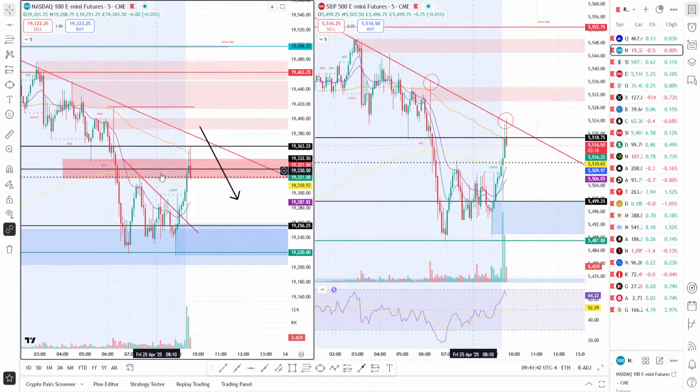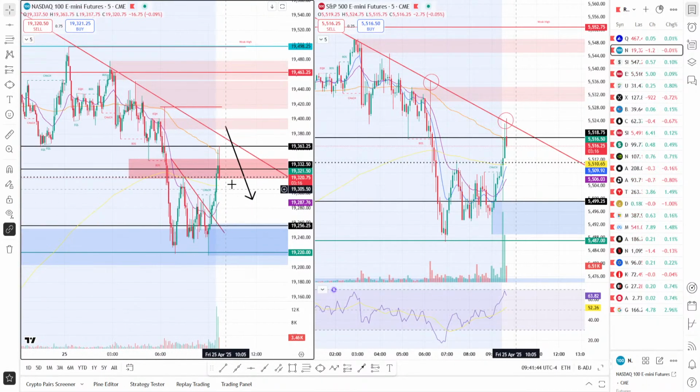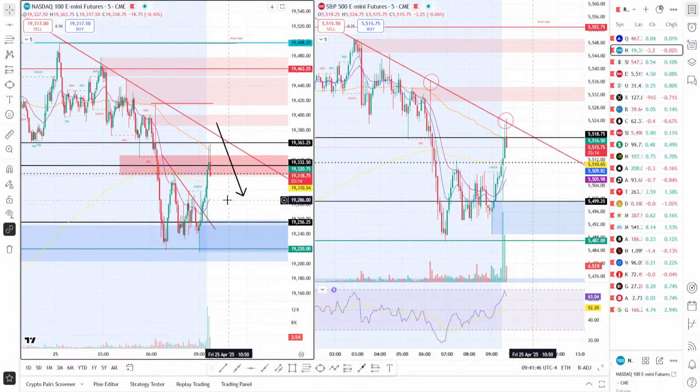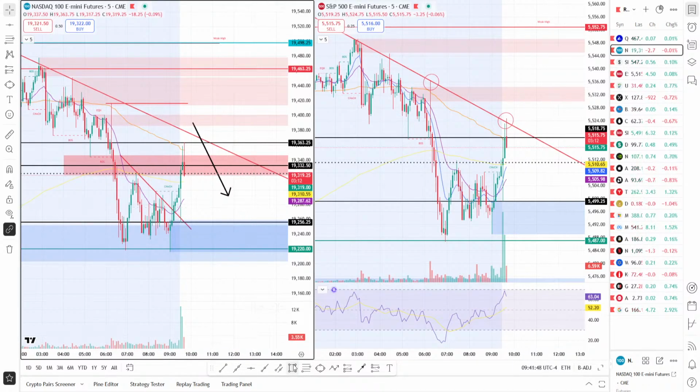We have the sellers. All right, if we inverse this fair value gap here, I'm looking for some shorts.